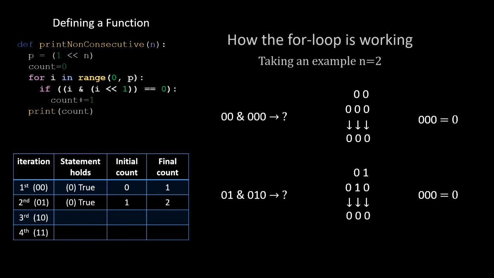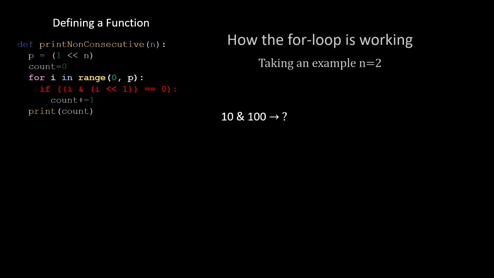Now taking the third iteration being 1 0. Left shift 1 0 becomes 1 0 0. AND operator of both becomes 1 1 becomes 0, 1 0 becomes 0, 0 0 becomes 0. All of them zeros, so it's 0. Our fourth iteration, that is 1 1. Bitwise left shift of 1 1 is 1 1 0.